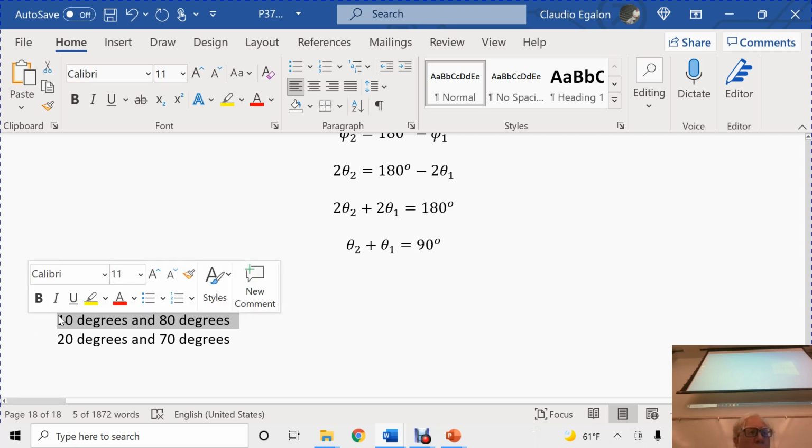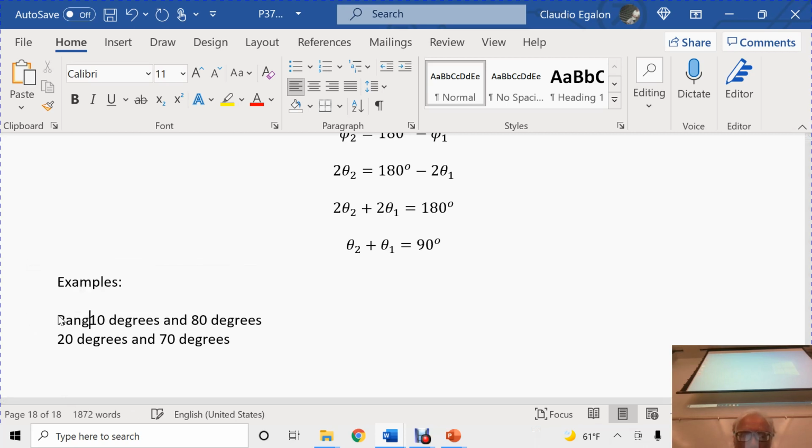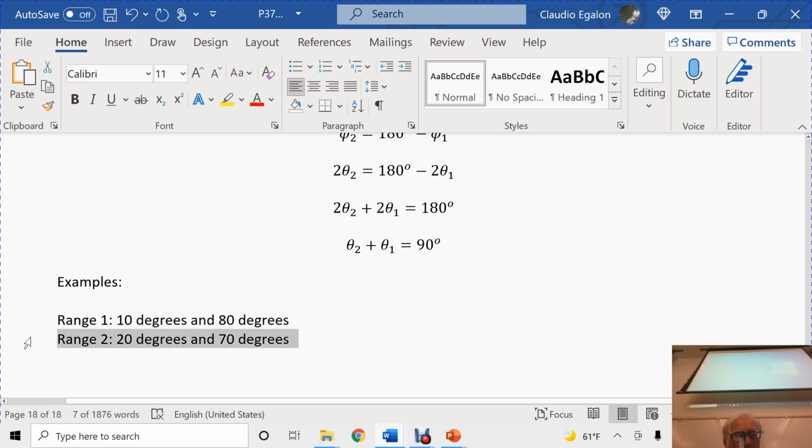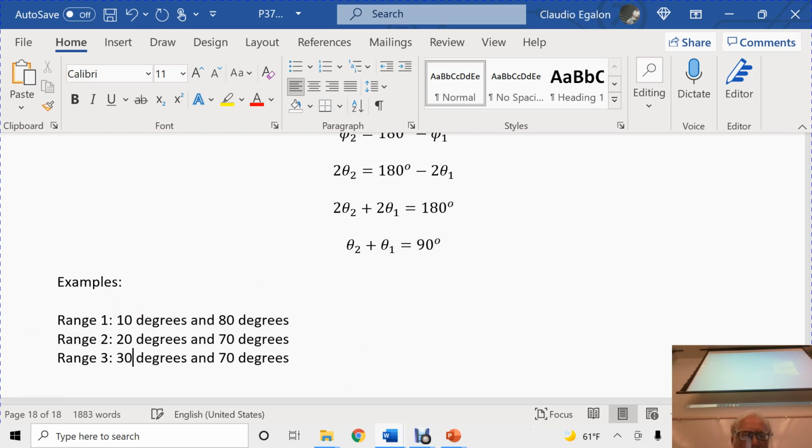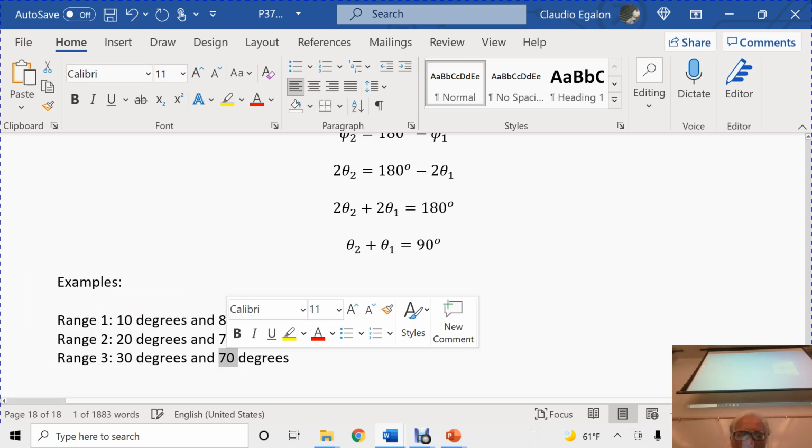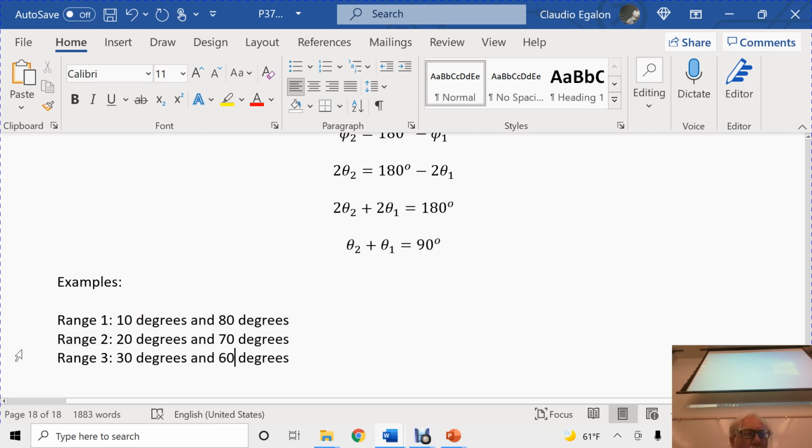So range 1, I'm going to call that range 1: 10 degrees and 80 degrees. Range 2: 20 degrees and 70 degrees. Range 3: 30 degrees and what? 60 degrees, right? So on, right?